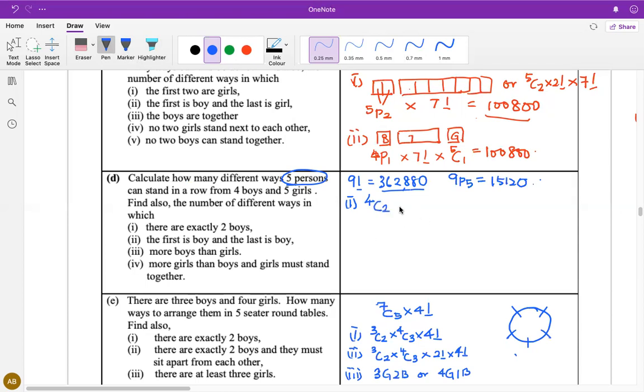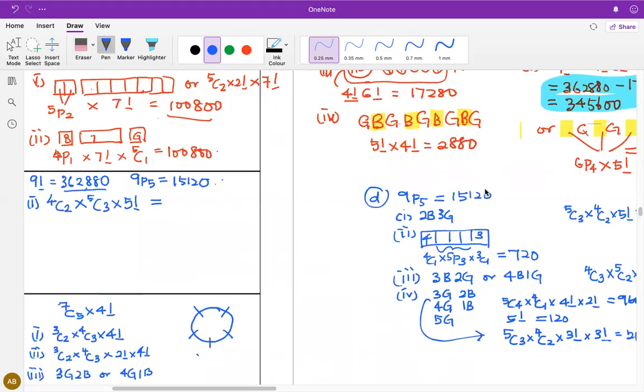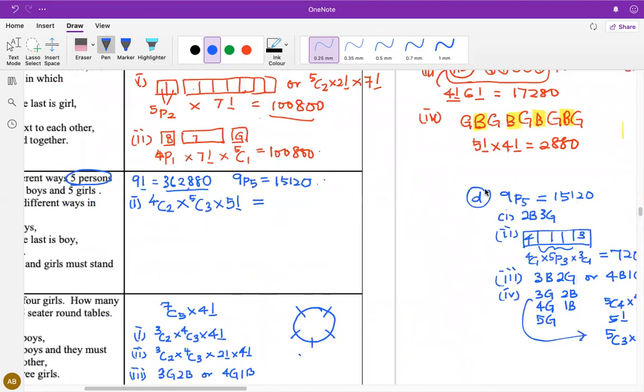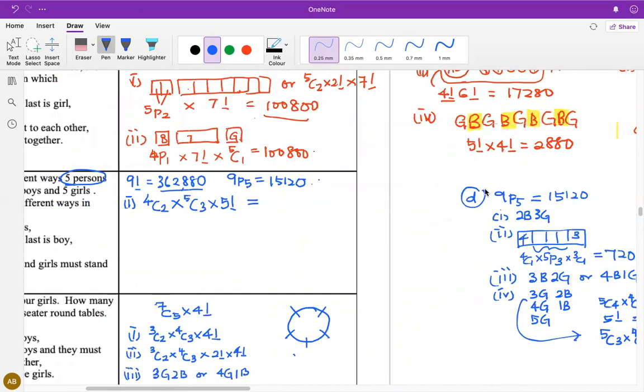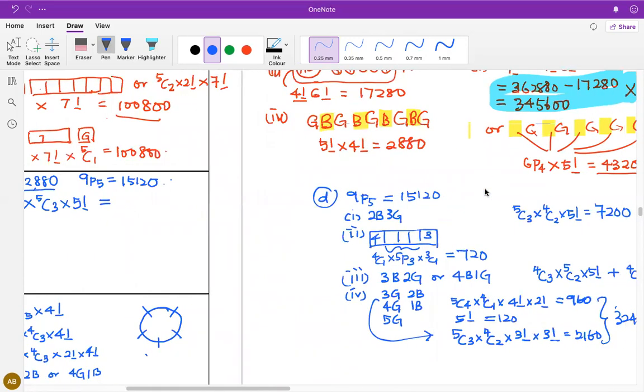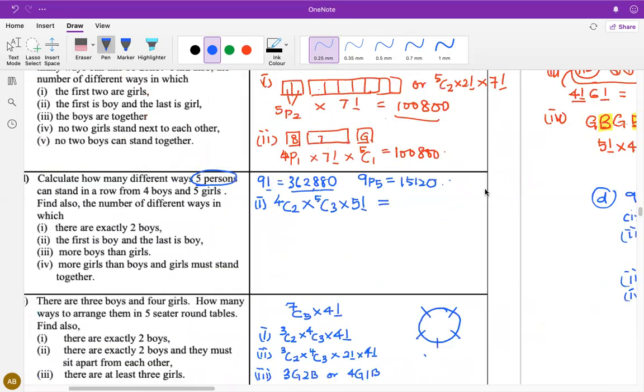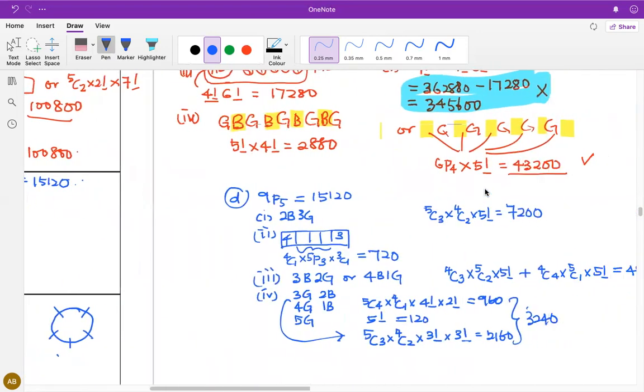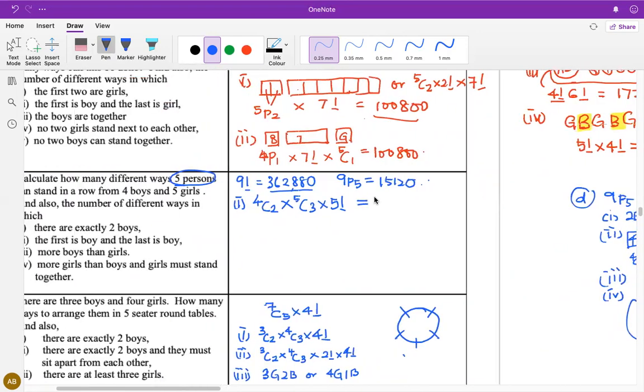And then the girls, we also choose 5 choose 3. Then the 5 people we choose, we have to arrange them, 5 factorial. So it is 4C2 times 5C3 times 5 factorial. So it's 7200.